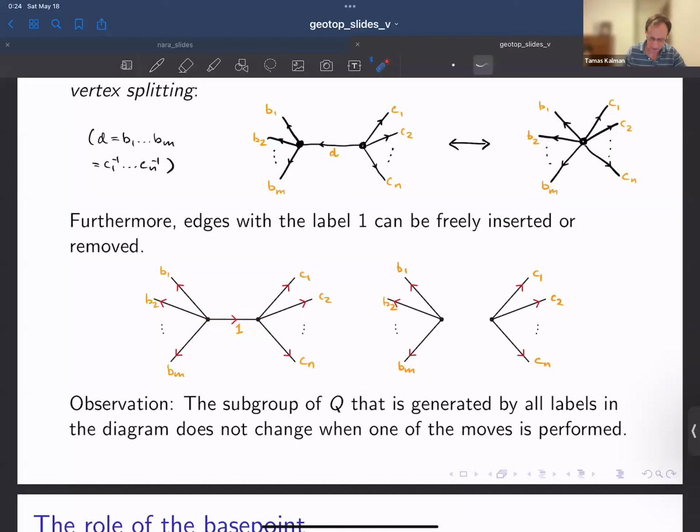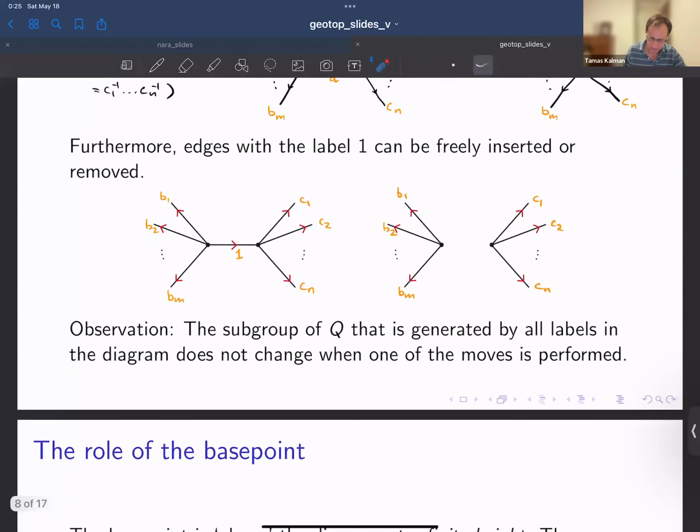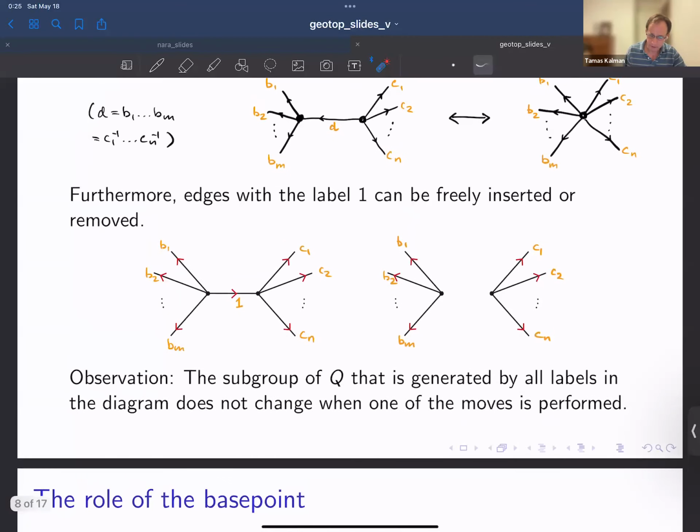Sometimes I would just arbitrarily put some edge with the label 1 into my diagrams. All right. So an important observation about all this is that there is this subgroup of the quaternion group, or whatever our fundamental group is, that is generated by these labels in the diagram. And that subgroup just doesn't change.